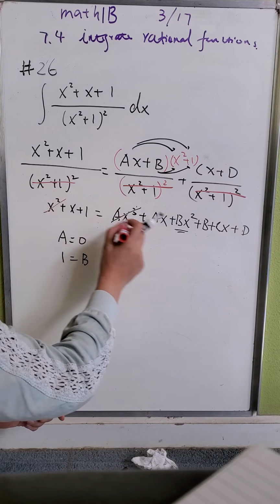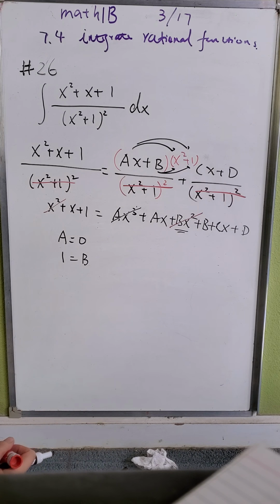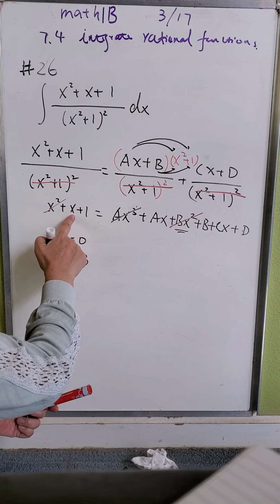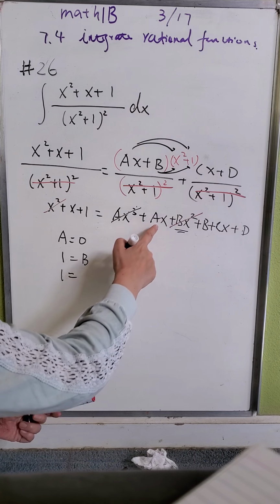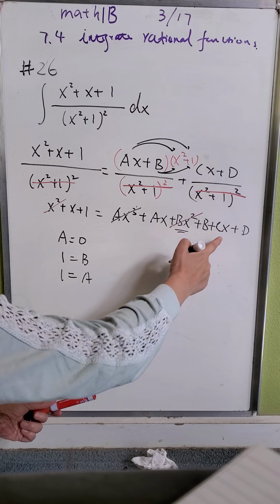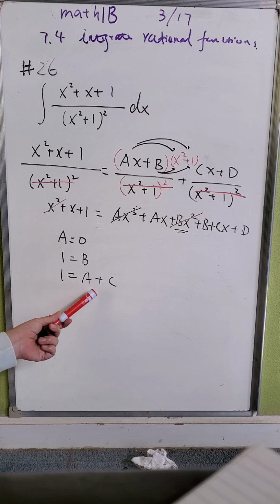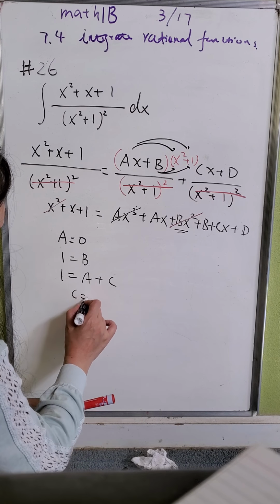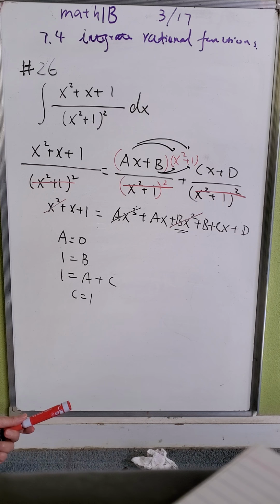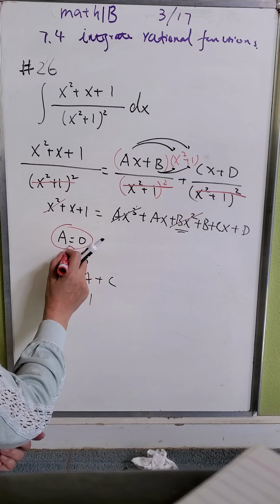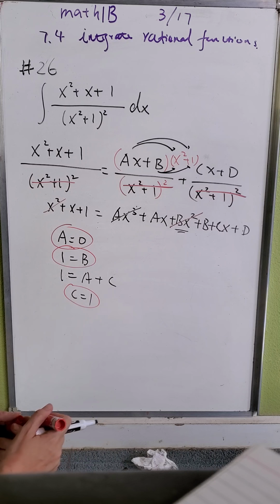So b is equal to 1. And for the x, you have 1 here, a plus c. Well, because a is equal to 0, so c is equal to 1. So it's very nice. Okay, so 0, 1, 1.